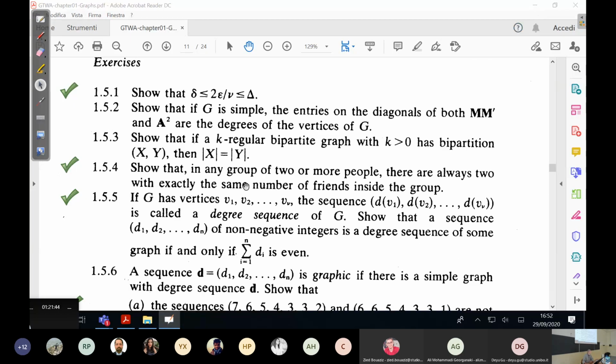Now, show that in any group of two or more people, there are always two with exactly the same number of friends inside the group.